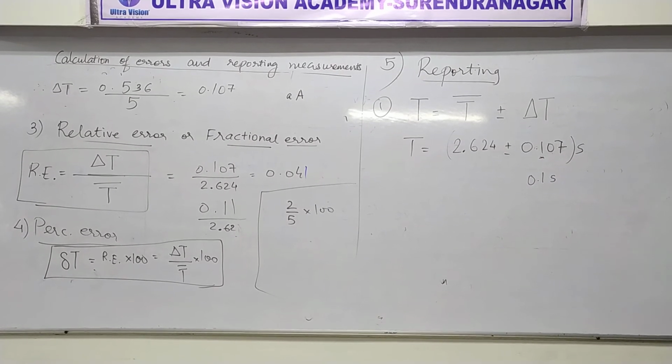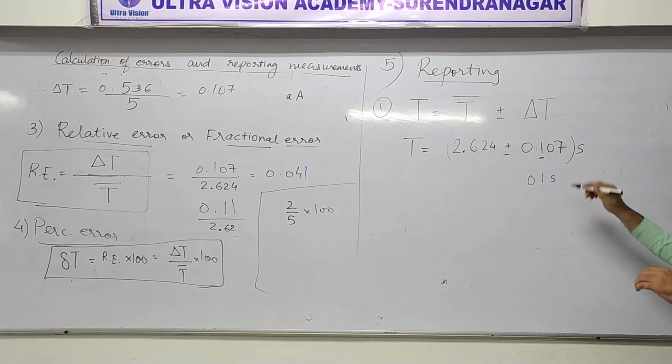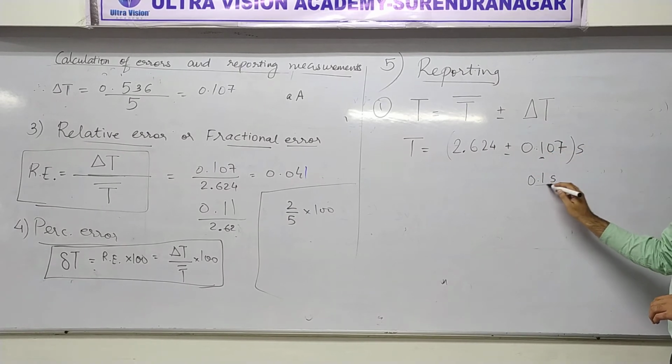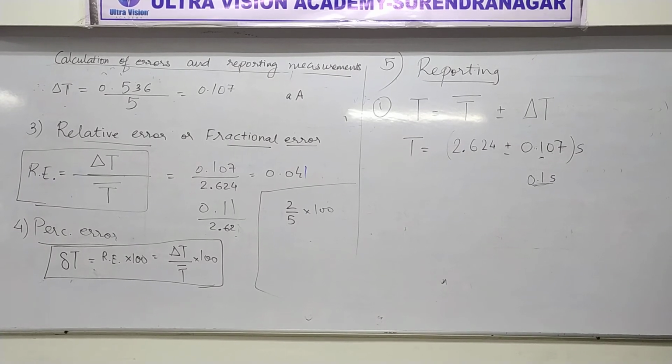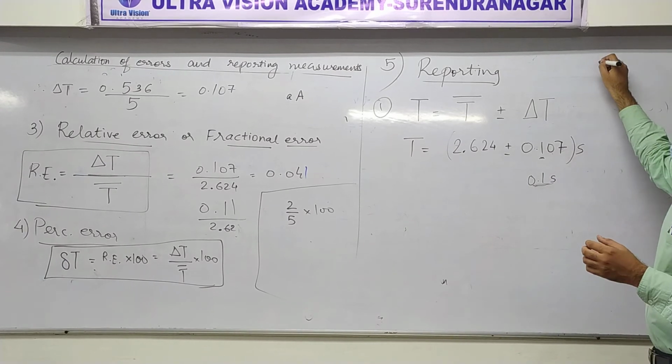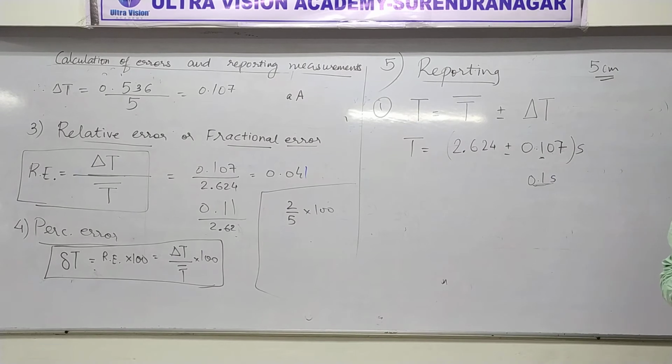Now, what does that mean? It means that whatever experiment you have done with whatever instrument, this instrument is not capable of measuring even 0.1 second carefully. That's why there is error. I repeat what I said: why do errors arise? Because we are uncertain of the measurement. For example, a ruler. A ruler can measure centimeters very nicely, but not mm.